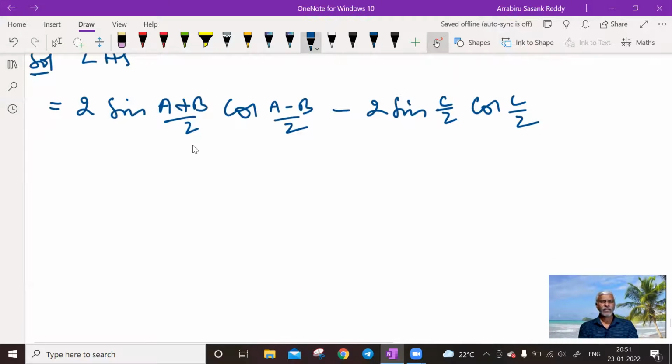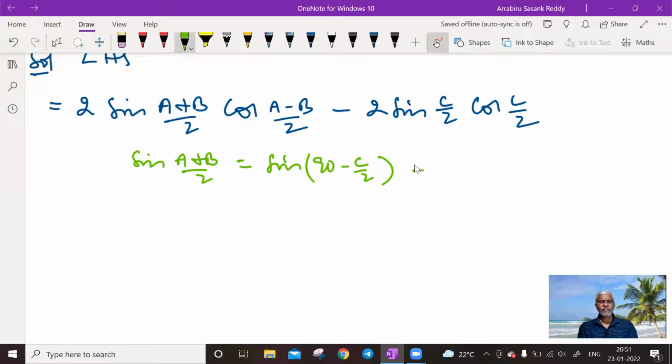So sin a plus b by 2 becomes cos c by 2. Sin a plus b by 2 is sin 90 minus c by 2, that is cos c by 2.